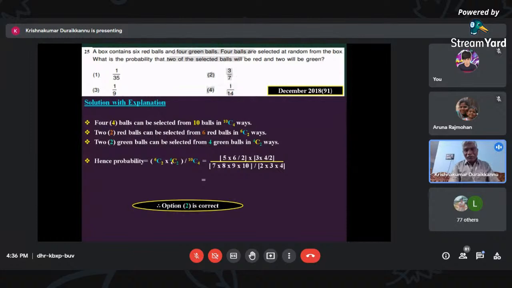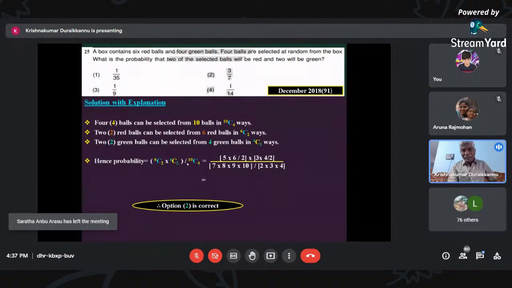Then 4C2 is 4 factorial divided by 2 factorial into 2 factorial, so 3 into 4 remains, divided by 2. Now 10C4 is 10 factorial divided by 6 factorial into 4 factorial.